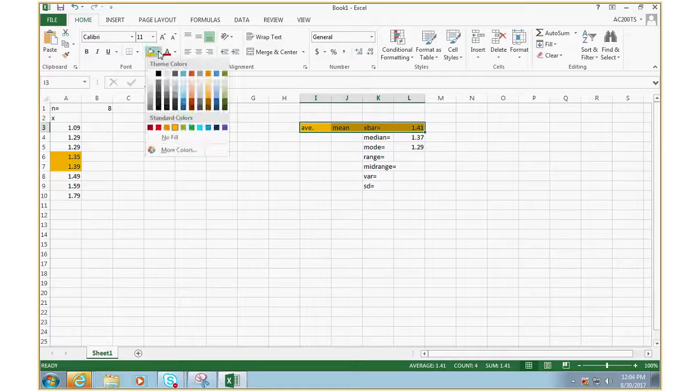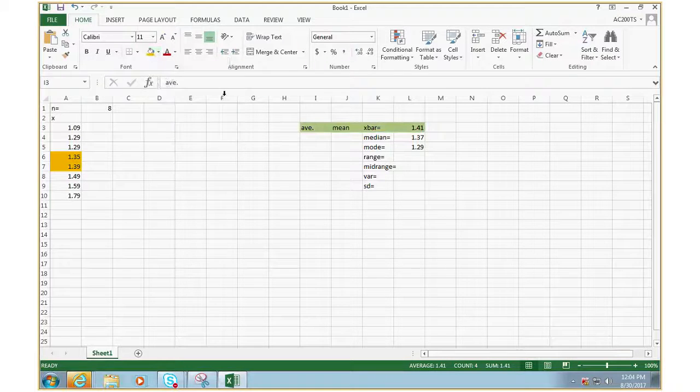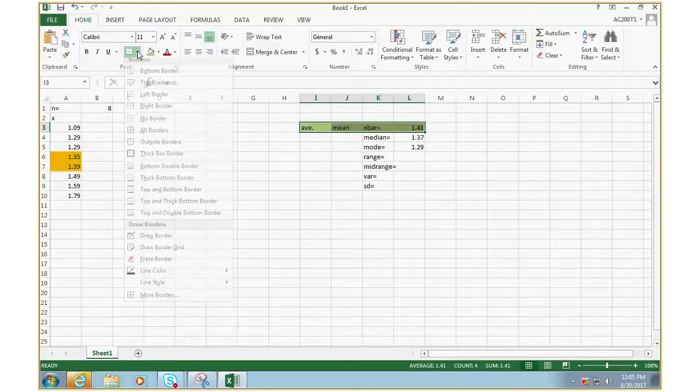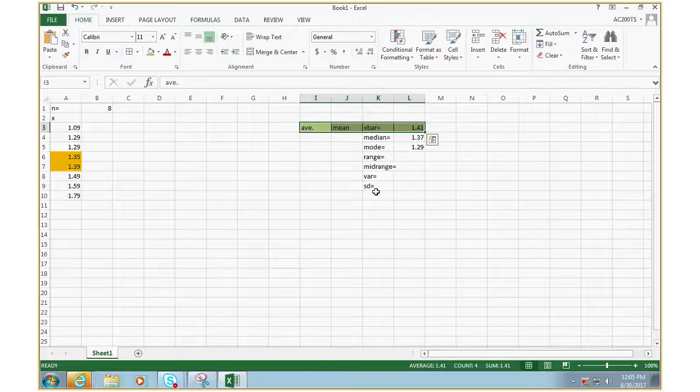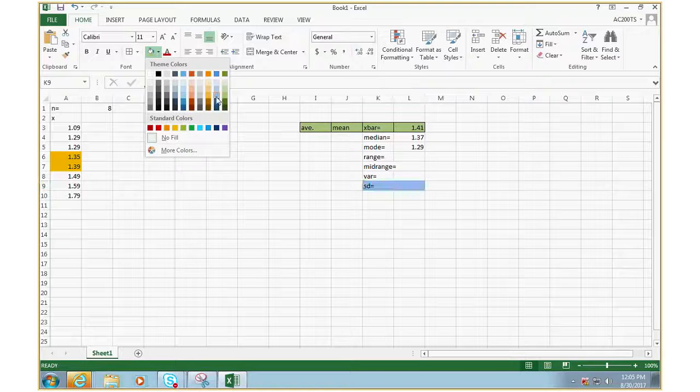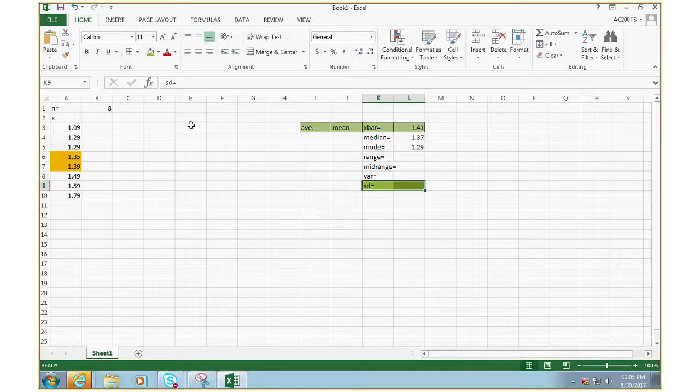I'm going to color it green because it's important. Somebody tell me what's the second most important number? Standard deviation. And we'll color that a different color green. Standard deviation is your second most important number.